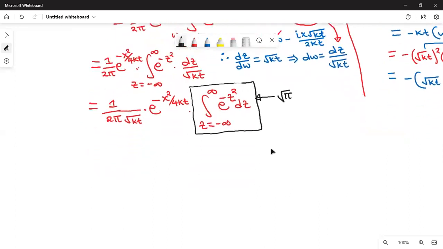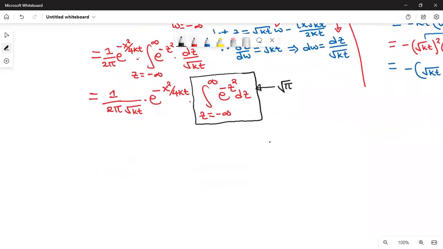So therefore, this can now be written as the square root of pi over 2π times the square root of kt times exponential negative x squared over 4kt.